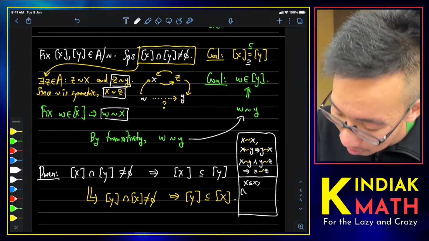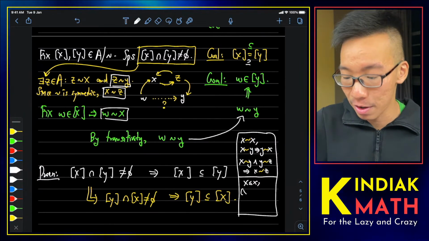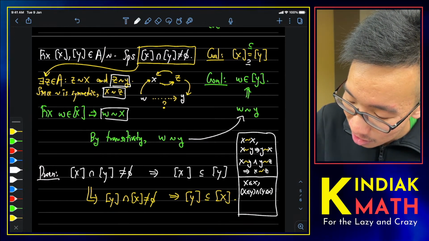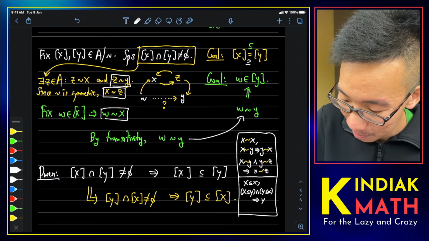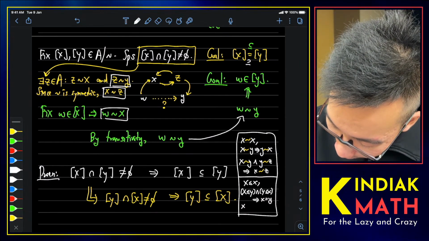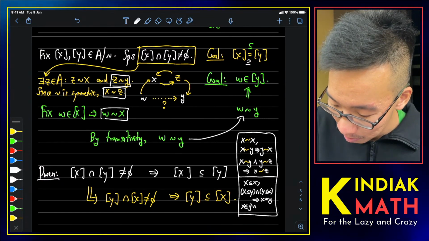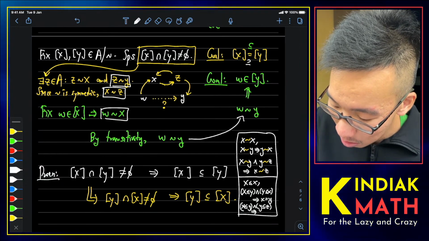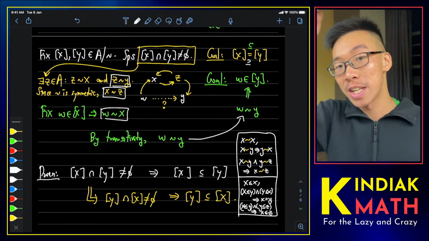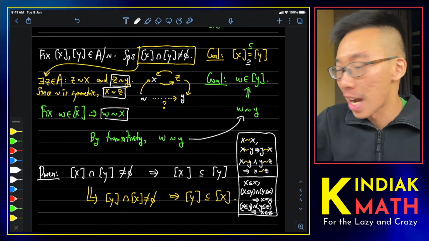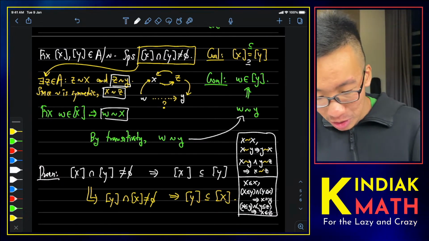Every number is not more than itself. If two numbers are not more than each other, then they must be the same number. And finally, if you have two pairs of numbers not more than one another, you can chain them up one at a time. So that's the idea of a partial order.